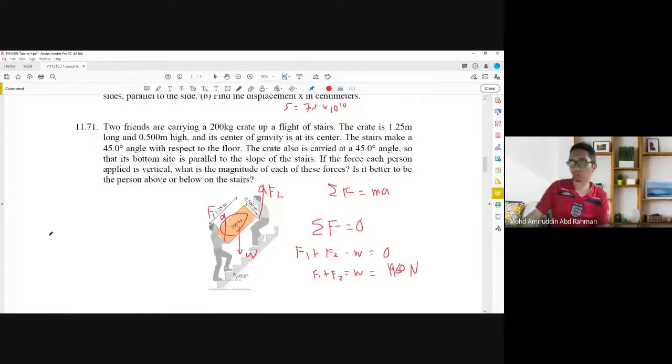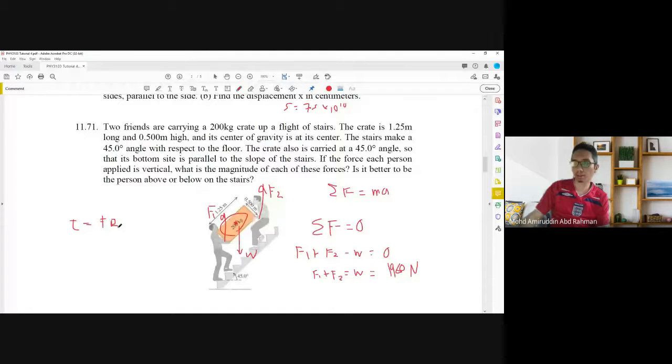Okay, so first, the force can be related with the torque, because of the total torque. You have the center of gravity over there, so the torque is F times L, right?